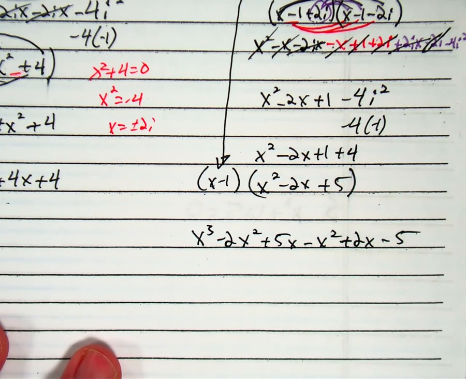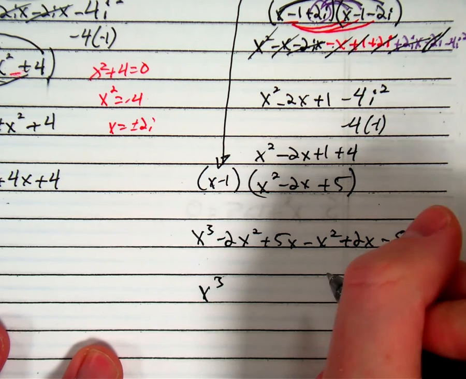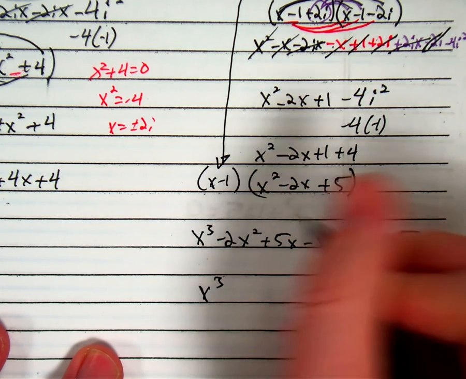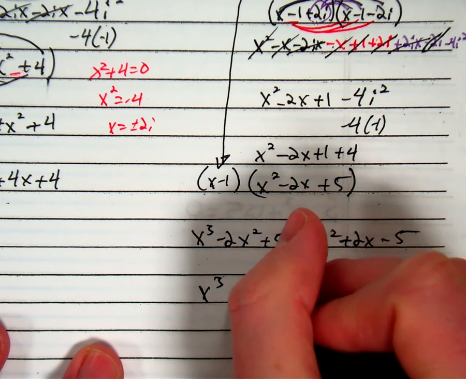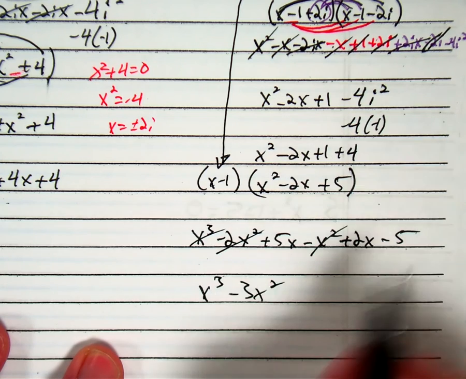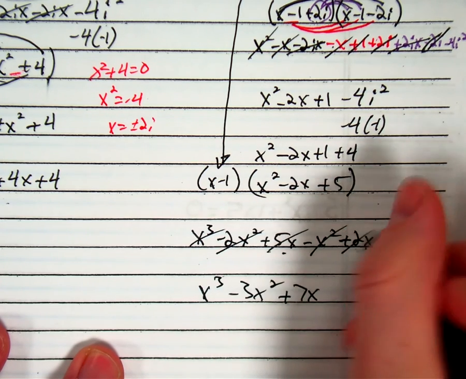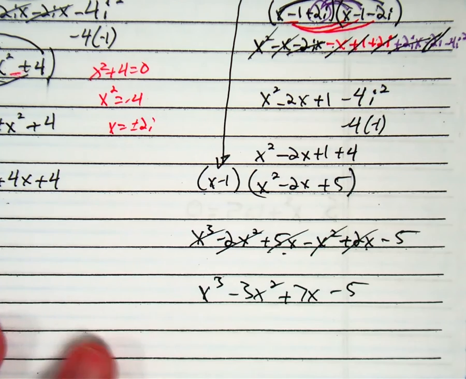Look to combine. x to the third, minus 2x squared, minus 1x squared is minus 3x squared, plus 5x plus 2x is 7x, and then minus 5. Whew! There it is.